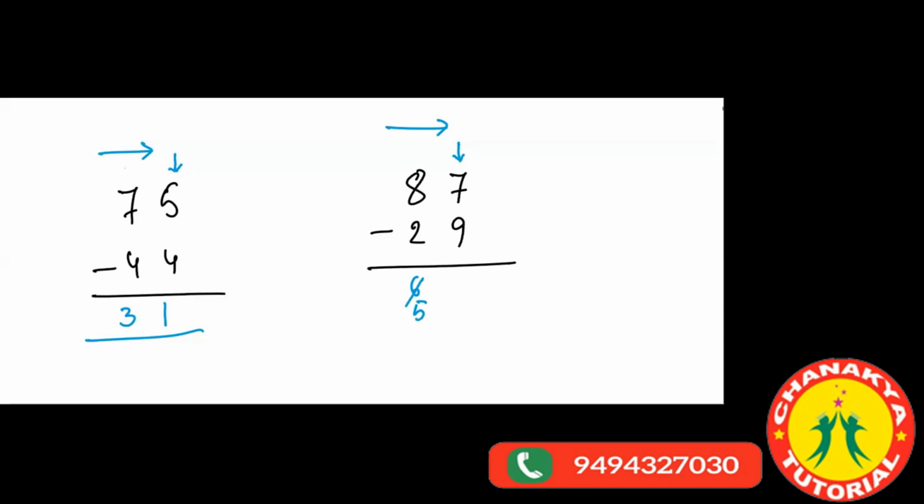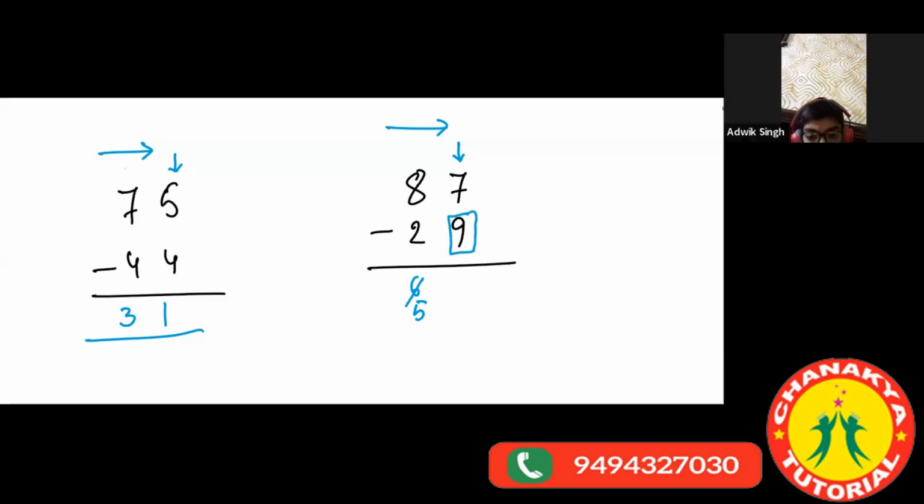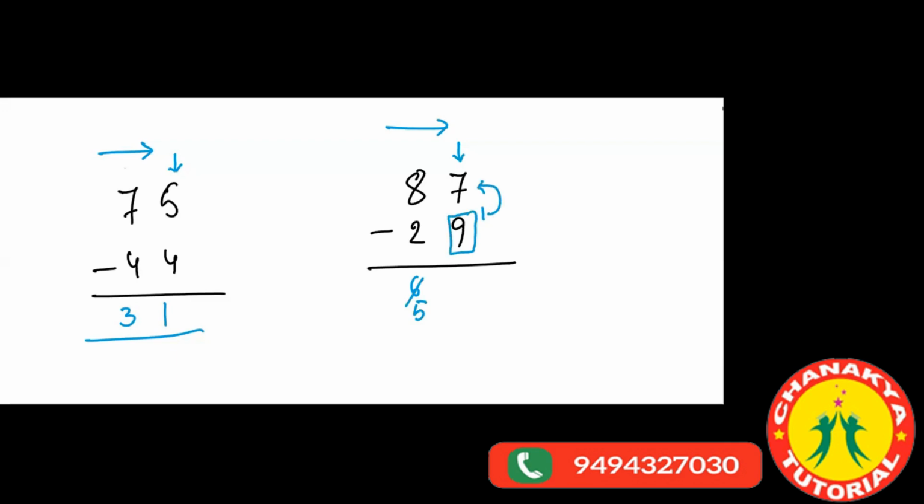Okay. In additions, what we did? We did +1. But here in subtractions, we are going to do -1. And one more thing we have to do. What is the complement of 9? 1. Add that 1 to this number. 8. So that's the answer, 58.